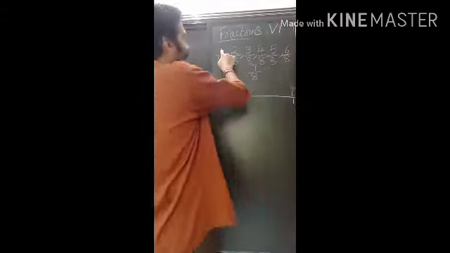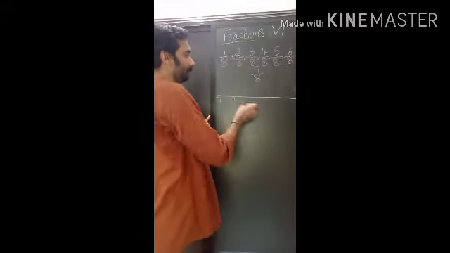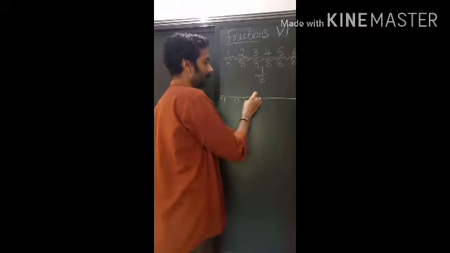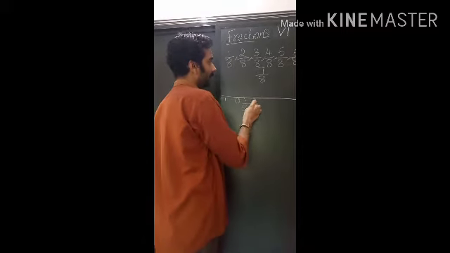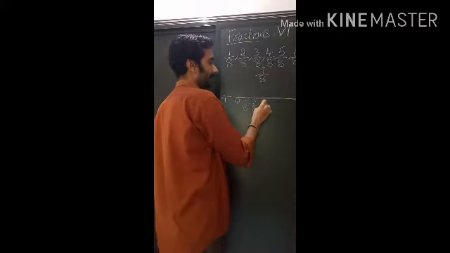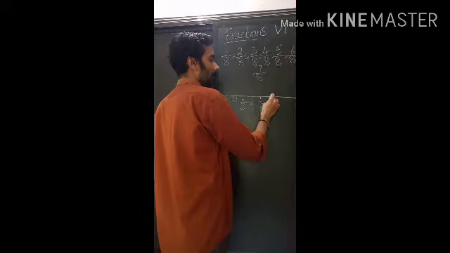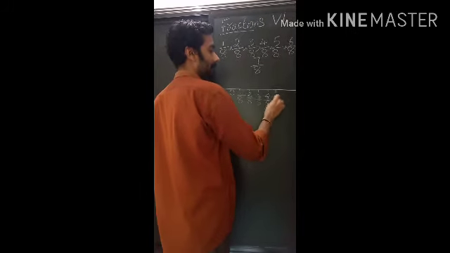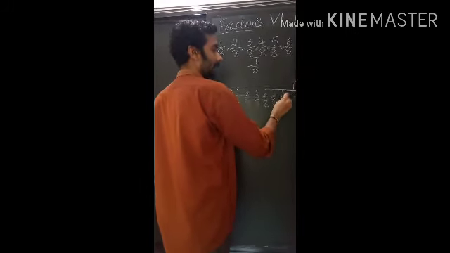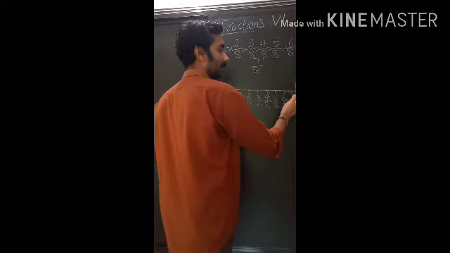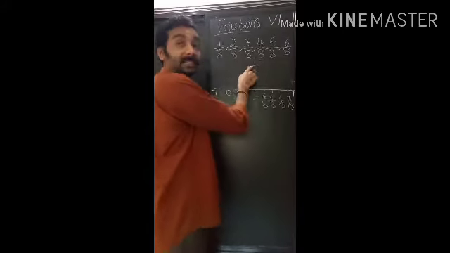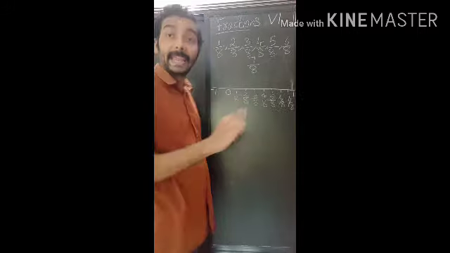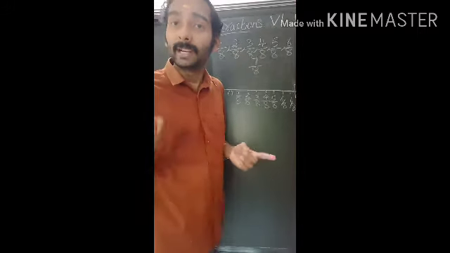This one is 1 by 8. You just mark 1 by 8, 2 by 8, 3 by 8, 4 by 8, 5 by 8, 6 by 8, and 7 by 8. 8 by 8 is 1.